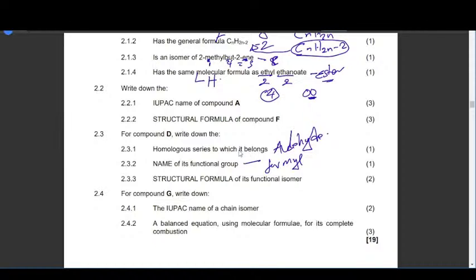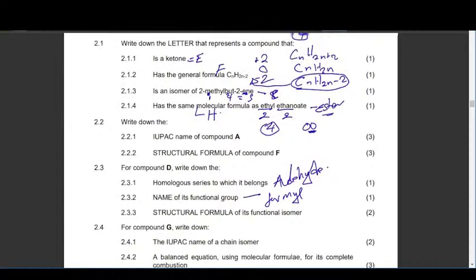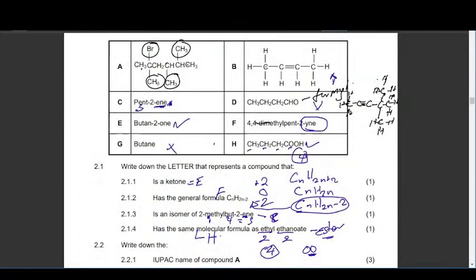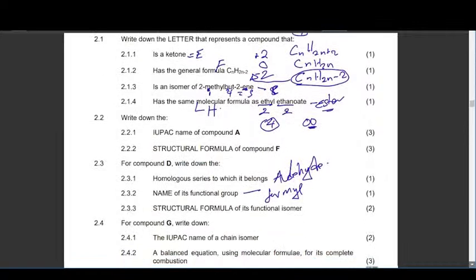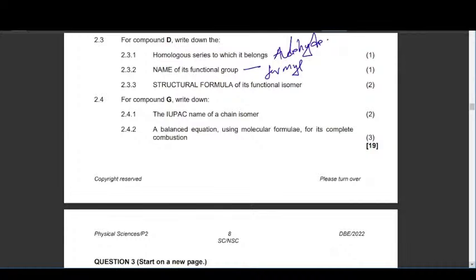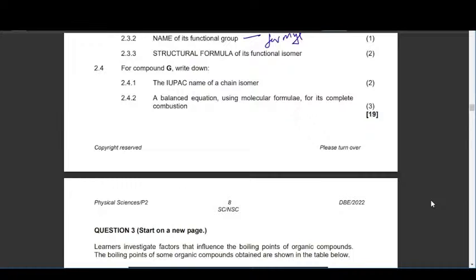If this is an aldehyde, therefore it's going to become the ketone. So we just have to put the structural formula of its functional isomer. So there are going to be 1, 2, 3, 4, and then I put the hydrogens.